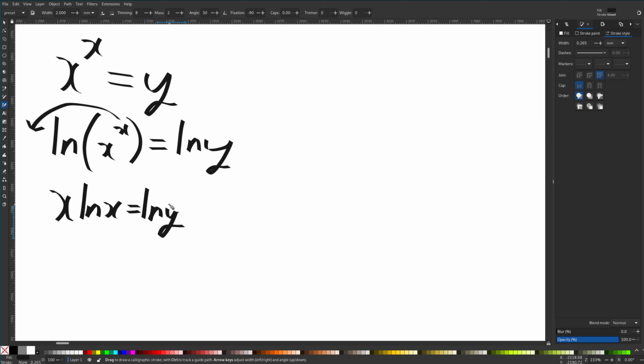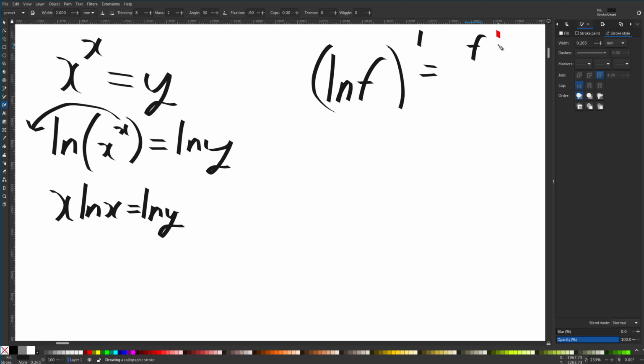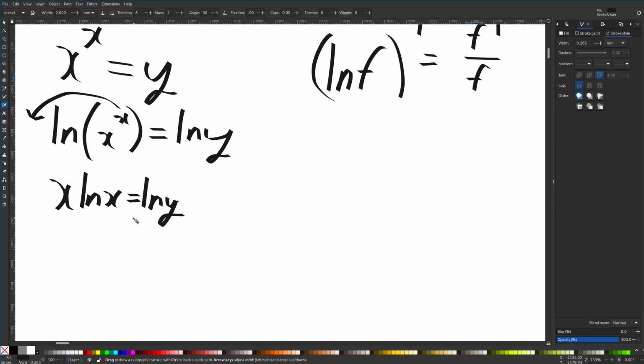And now we're going to differentiate both sides. And a rule of thumb, if you have ln of, let's say, f, the derivative of this is going to be equal to f prime over f. Okay, so the right-hand side here, that's just going to be y prime over y because of that rule.